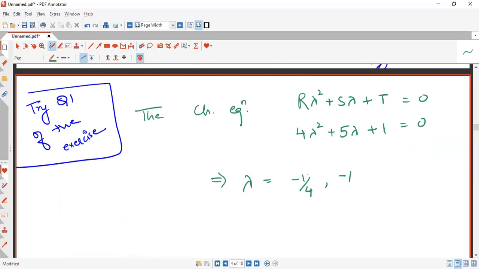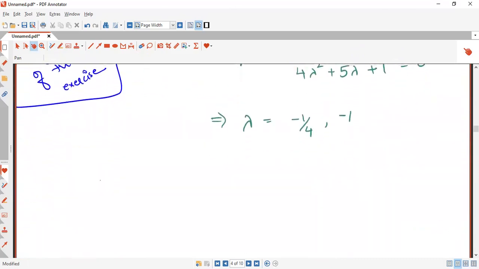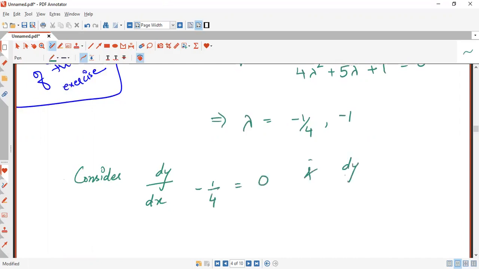Right? So to find the solution, or you can say xi and eta, what do you do? You consider the differential equation dy by dx plus lambda 1, where lambda 1 is minus 1 upon 4, and another differential equation for lambda 2. Find out the solution.